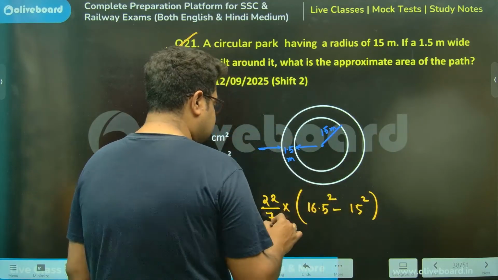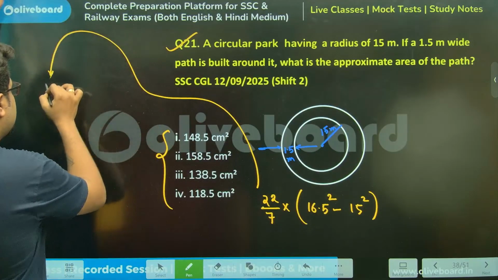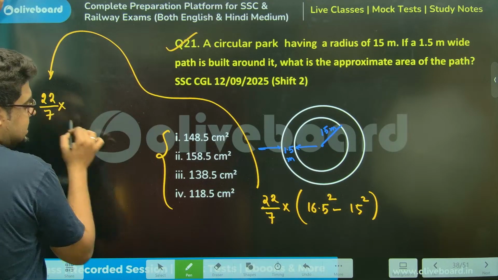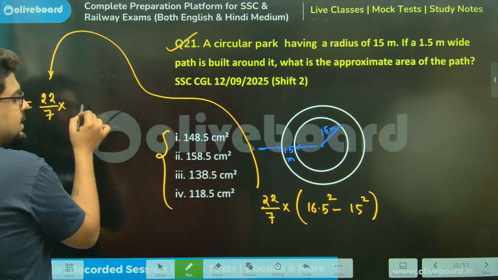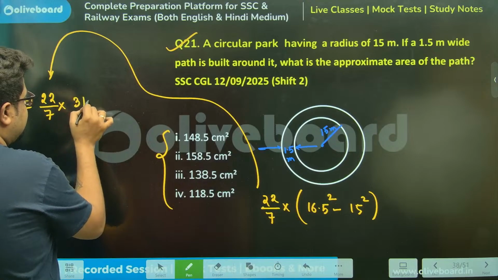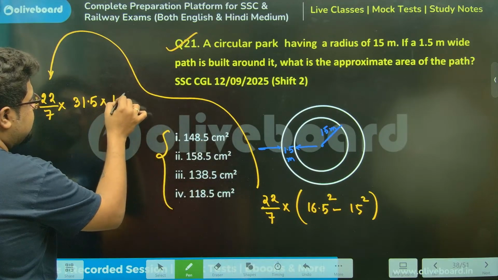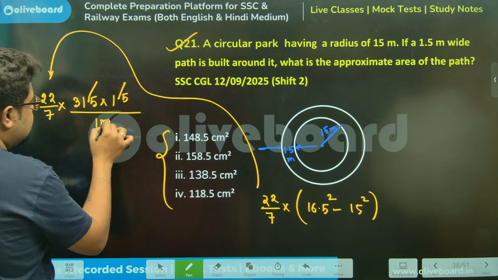Let's do the calculation. 22 by 7. Sir, use a plus b into a minus b. A plus b will be 15, 15, 30 and 1.5 meaning 31.5. And a minus b will be nothing but 1.5. So if you get rid of these two, it will be 100.